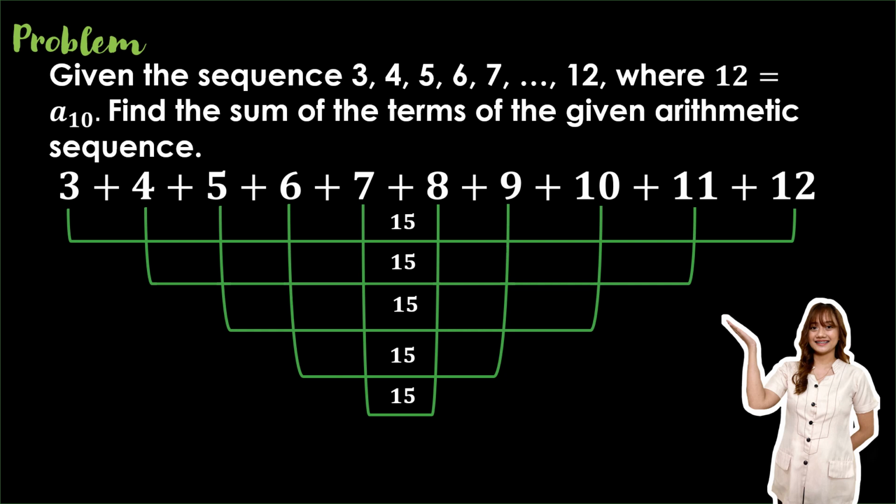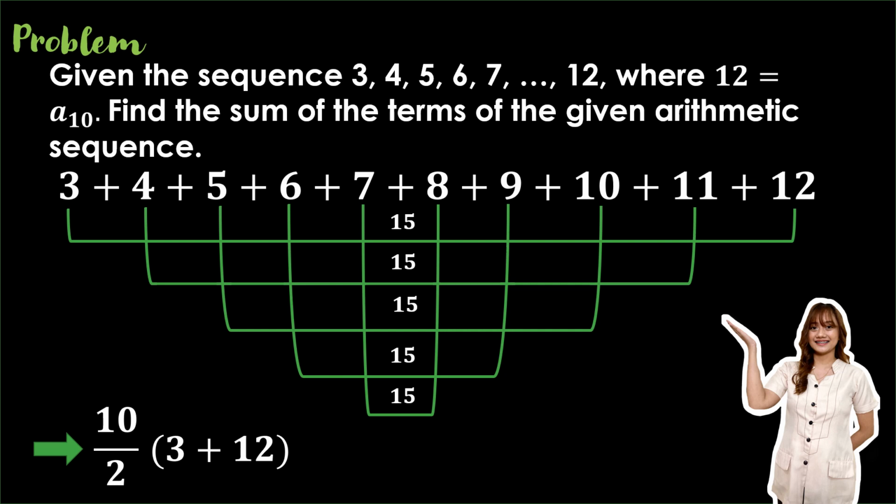Now, to get the sum of the terms of the arithmetic sequence, simply multiply half of the total number of terms, which is 10, and the sum of the first and last terms, which is 3 and 12.